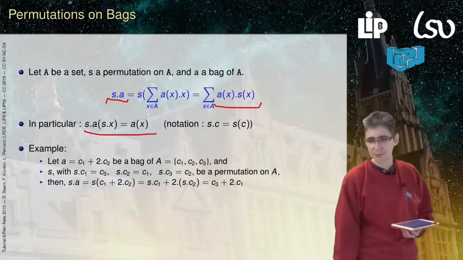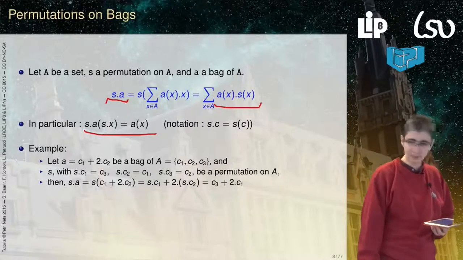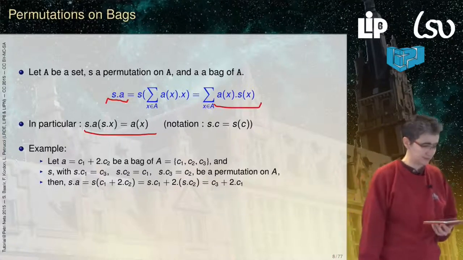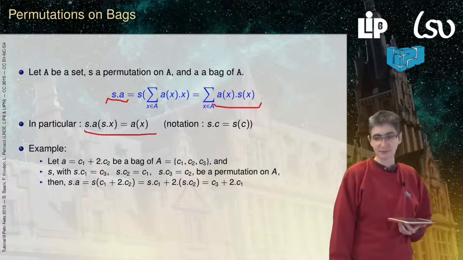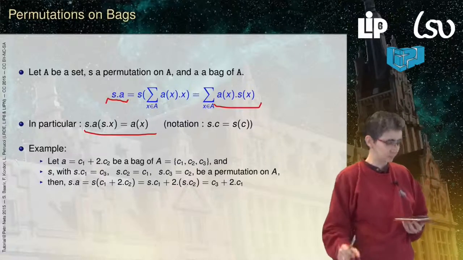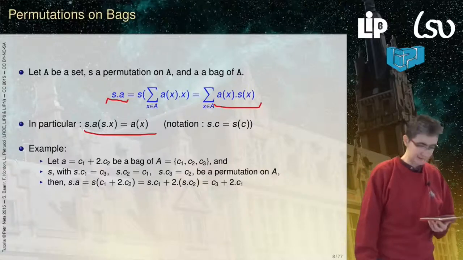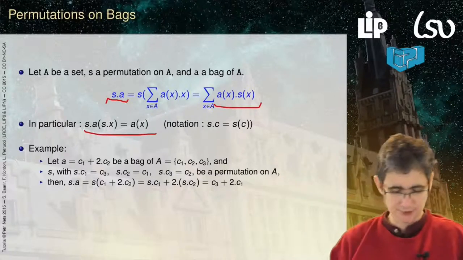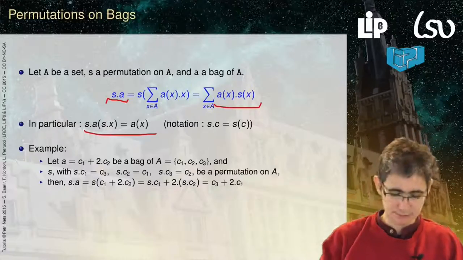If we apply this permutation to the bag a, we obtain S of C1 plus 2 C2, that is S of C1 plus 2 S of C2, because you can apply it to the individual elements, and that is C3 plus 2 C1. Right. So it's quite easy.